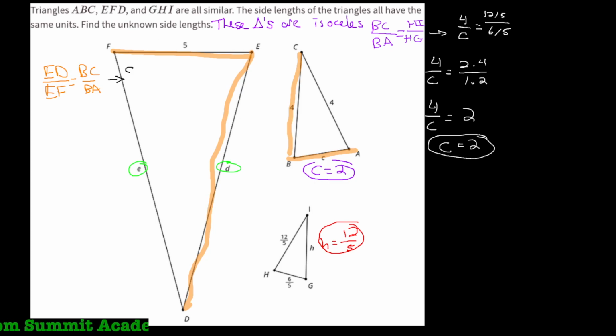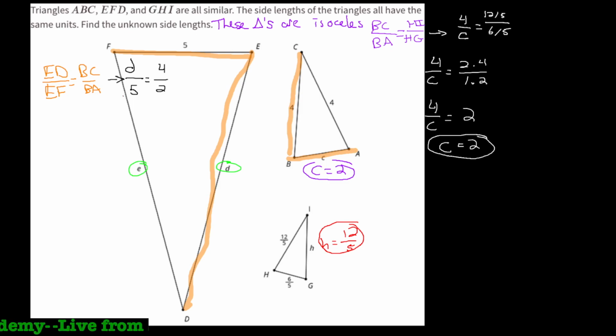So I'm going to write value D, again, that's what we're looking for. That value of D over 5, since that's our short side, is equal to 4 over 2. So make sure you're able to solve this ratio. If you need to take it one step at a time, you certainly can.